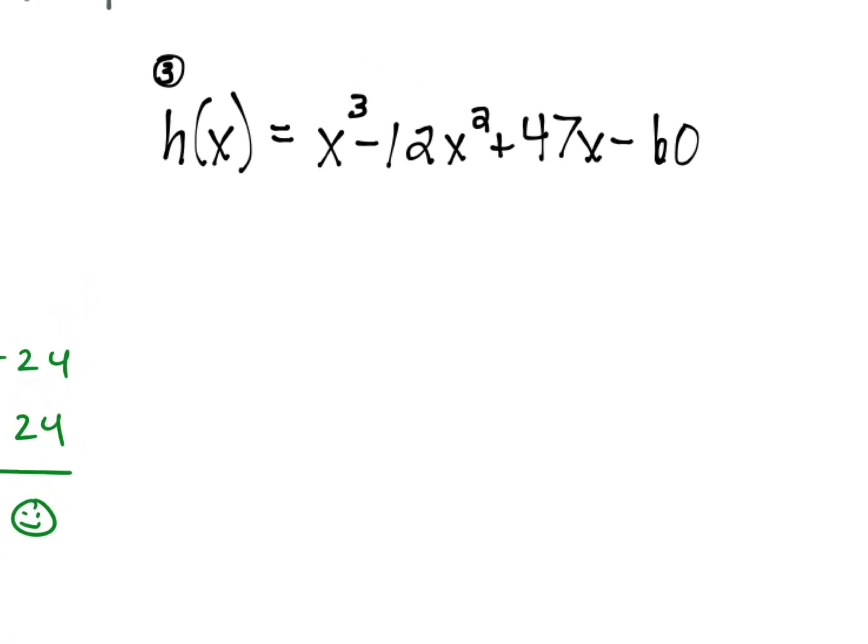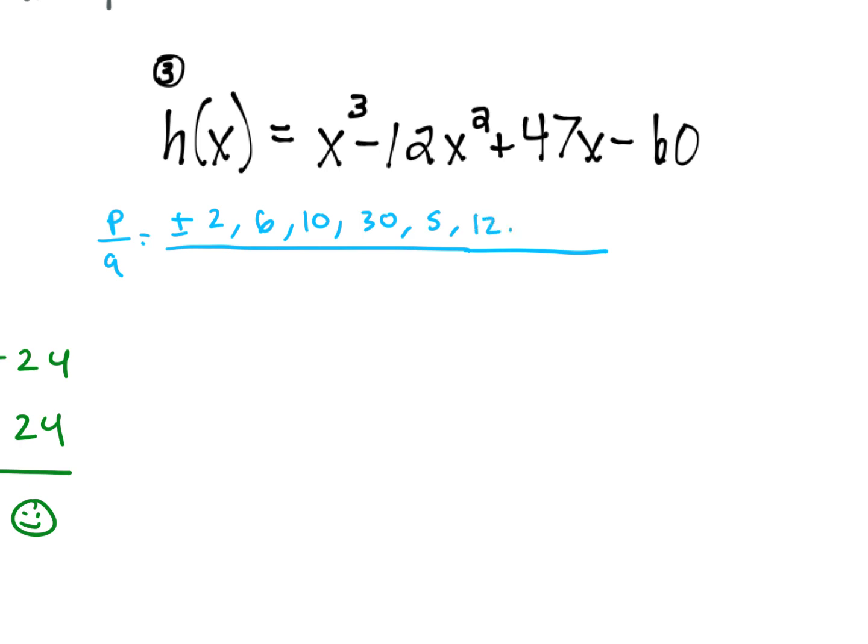All right, let's do number 3, last one. What are factors of 60? So 2 and 6. Anything else? 10. 30. 5 and 12. 1 and 60.